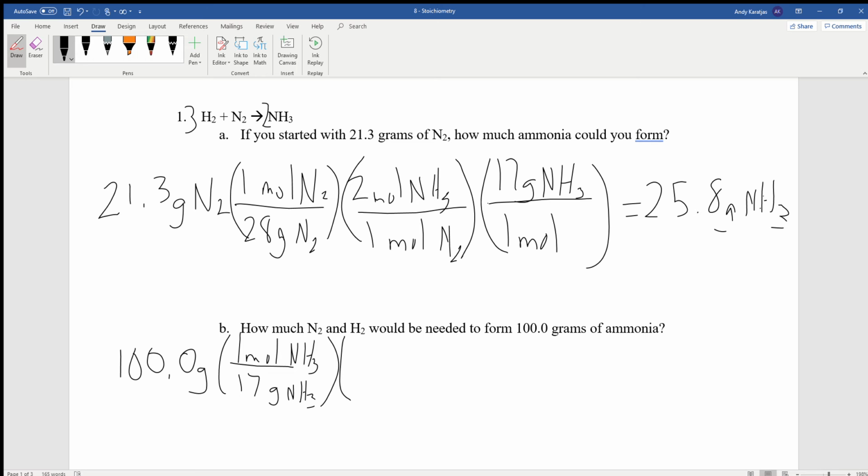Then we're going to go from moles of product back to moles of starting material. So let's do nitrogen first. And in fact, it's going to be exactly the opposite sequence of what we did above. So 1 mole of nitrogen is needed for each 2 moles of ammonia.